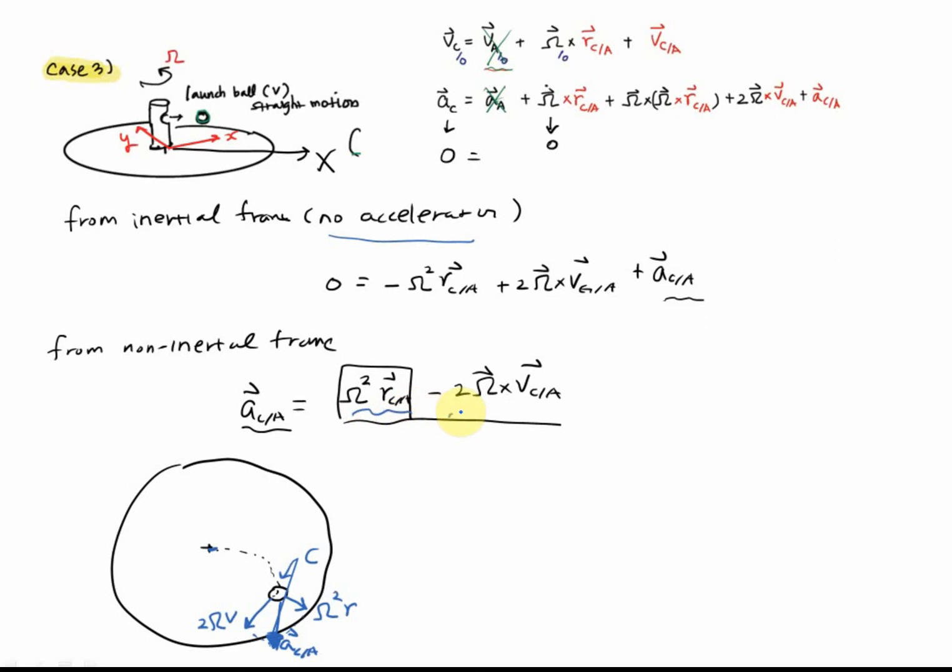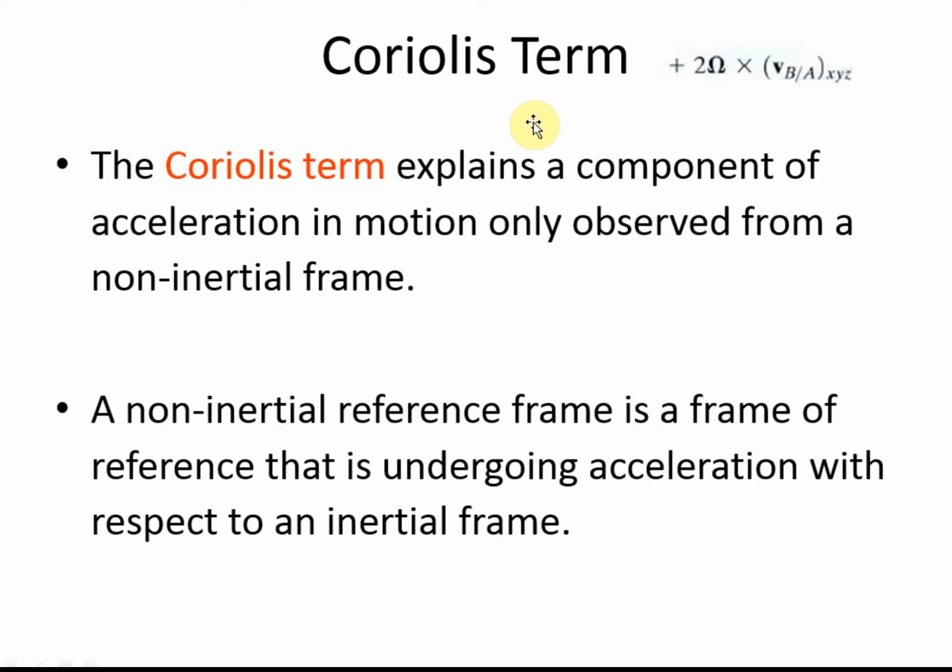That acceleration can be explained by these two terms. So this term, the 2 omega cross product V, this Coriolis term, explains components of acceleration in motion only observed from a non-inertial frame.